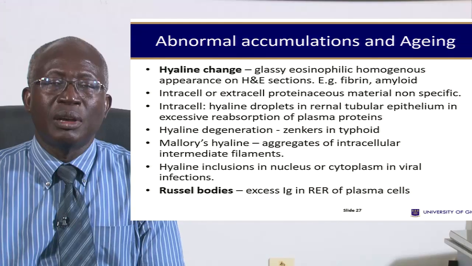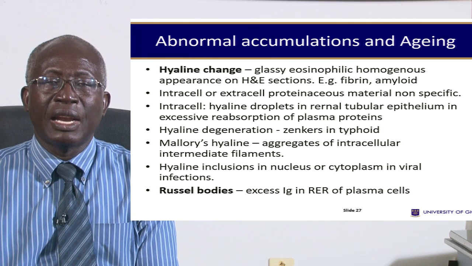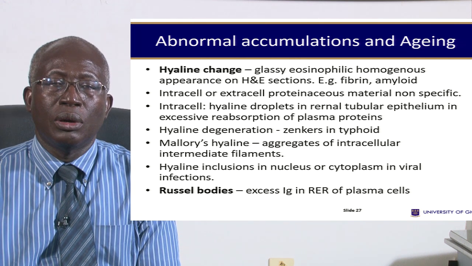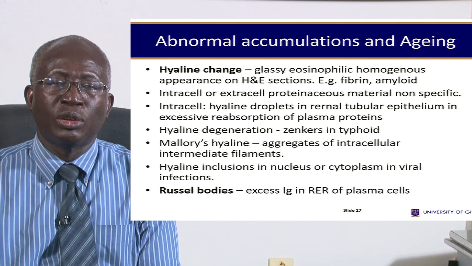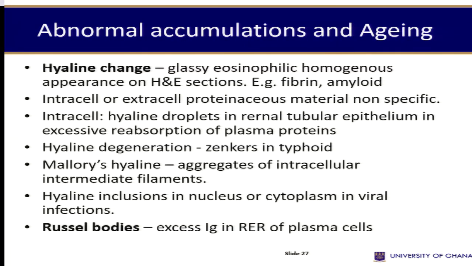So let's take the first example, hyaline change. This is glassy eosinophilic homogeneous appearance of a cell or tissue on hematoxylin and eosin sections. And the material could be fibrin or amyloid or other.